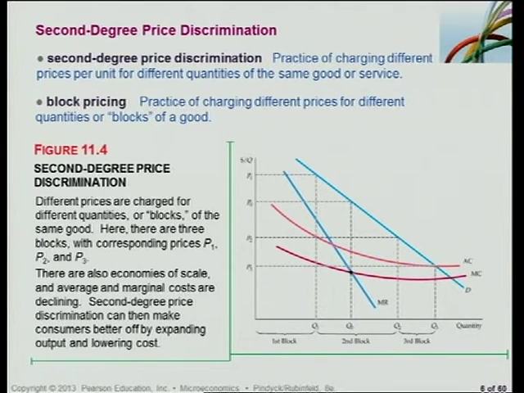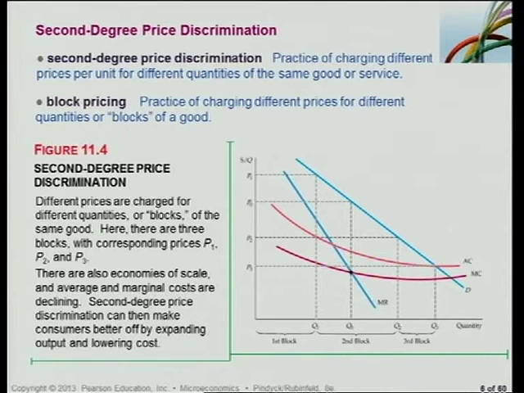Now that is illustrated in the diagram, which you have to be able to draw, and it's not difficult. The first thing that you start off with when we look at price discrimination is where a single price is being charged, and then from that it's easier. So if you look at your average cost curve here in the diagram, and then your marginal cost curve, which is a U shape, and then you have your demand curve, which is downward sloping, and your marginal revenue curve, which lies below the demand curve.